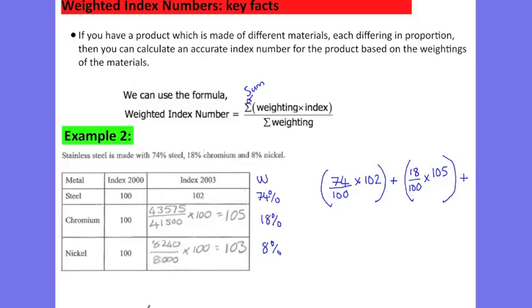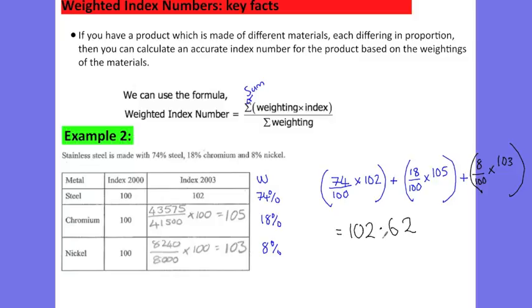Add nickel, 8 times by 103. Adding these up to find the total, we have the weighted index number of 102.62. So this is an index number for the product based on the weightings of the materials.